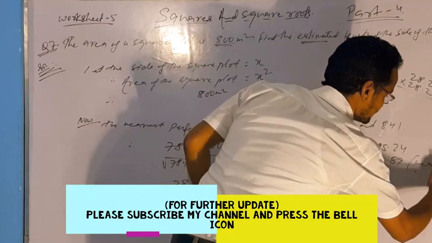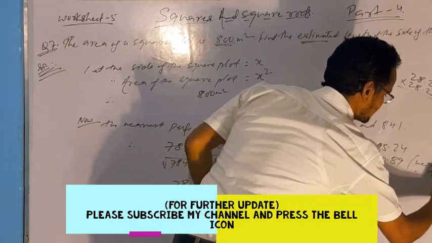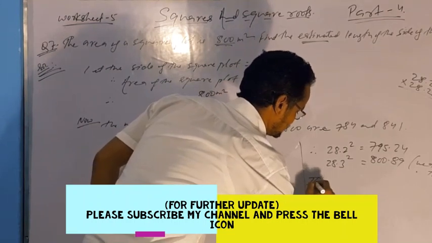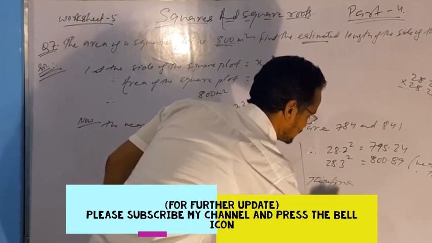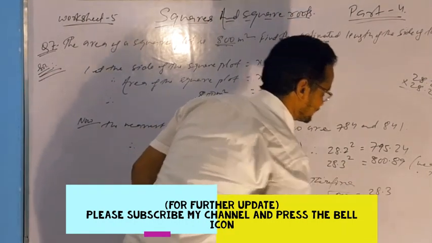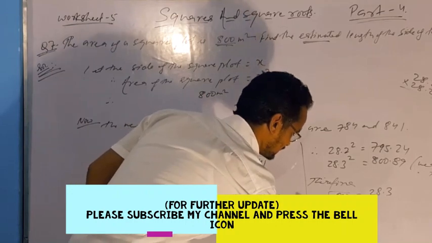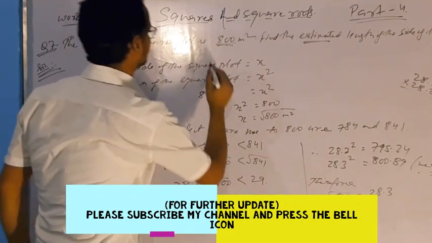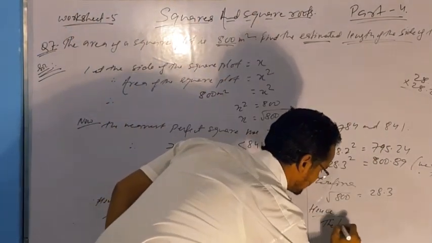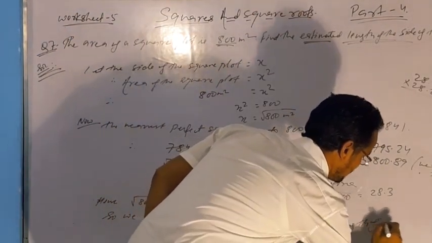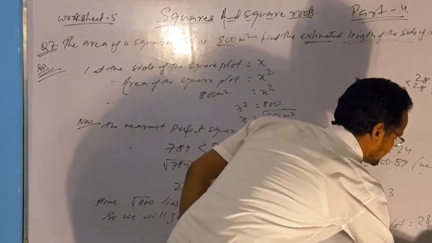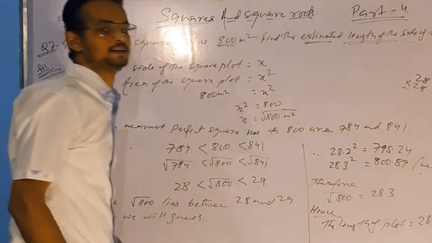This is nearest to 800. Therefore, hence root under 800 is equal to 28.3. Therefore, hence the estimated length of the plot is equal to 28.3 meter. This is the end of our chapter.